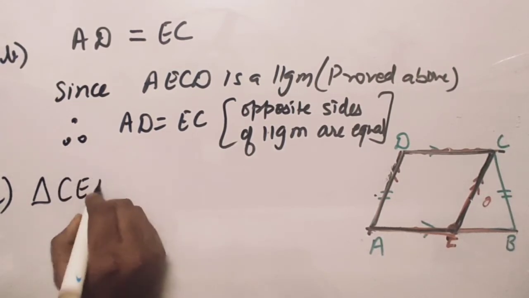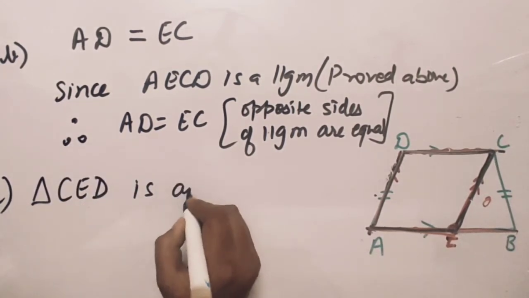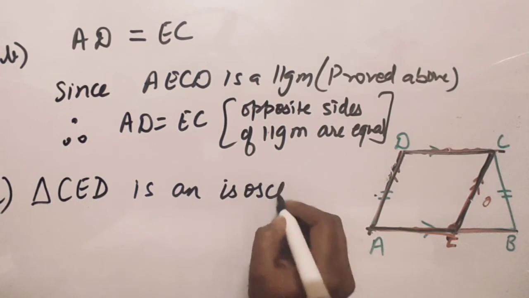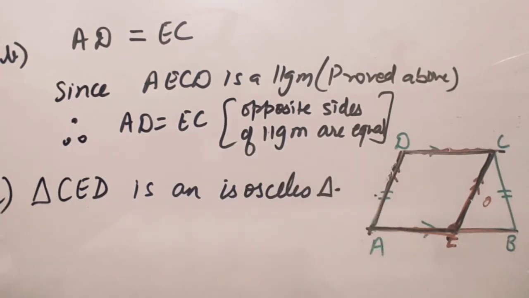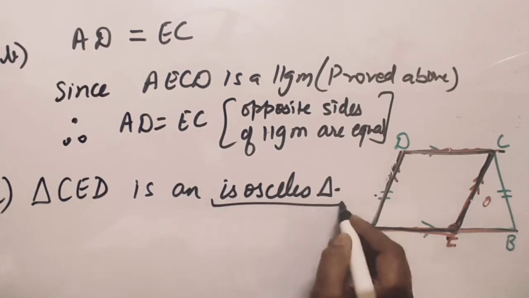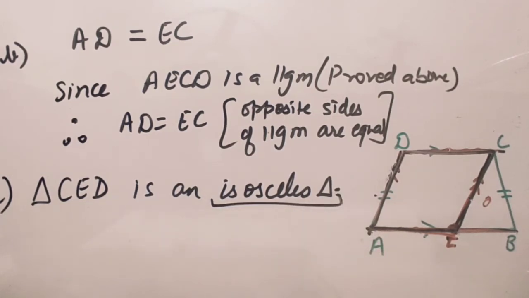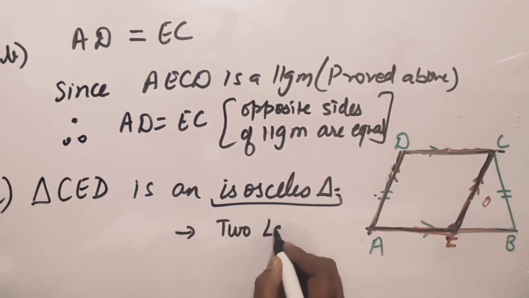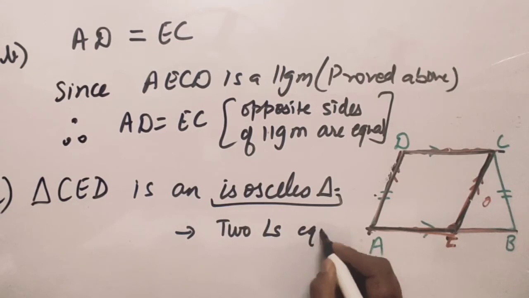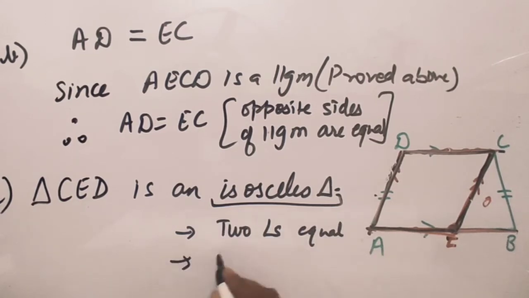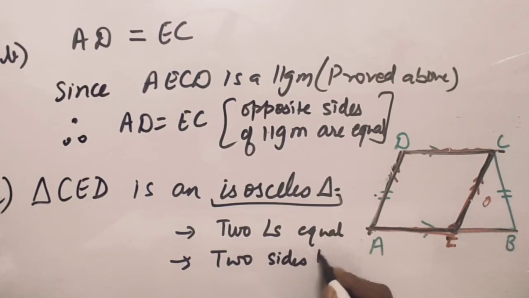Now move on to the last part of the question. Triangle CEB is an isosceles triangle. Now again we will see, for being an isosceles triangle, what we need: either two angles equal or two sides to be equal.